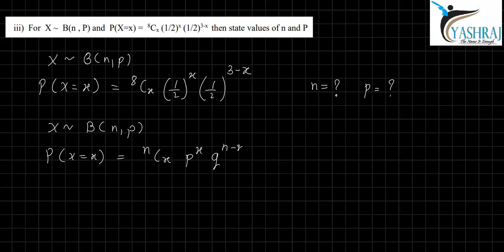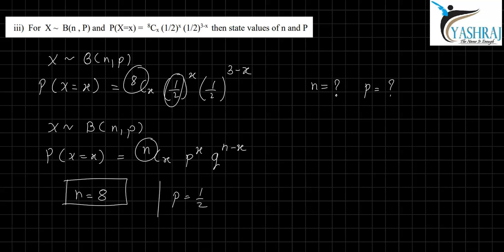Now here, on comparing with this formula, we have the n value as 8, so we get n equals 8, while the p value, since we have p to the power x, becomes a half. So hence we have n equals 8 and p equals half.